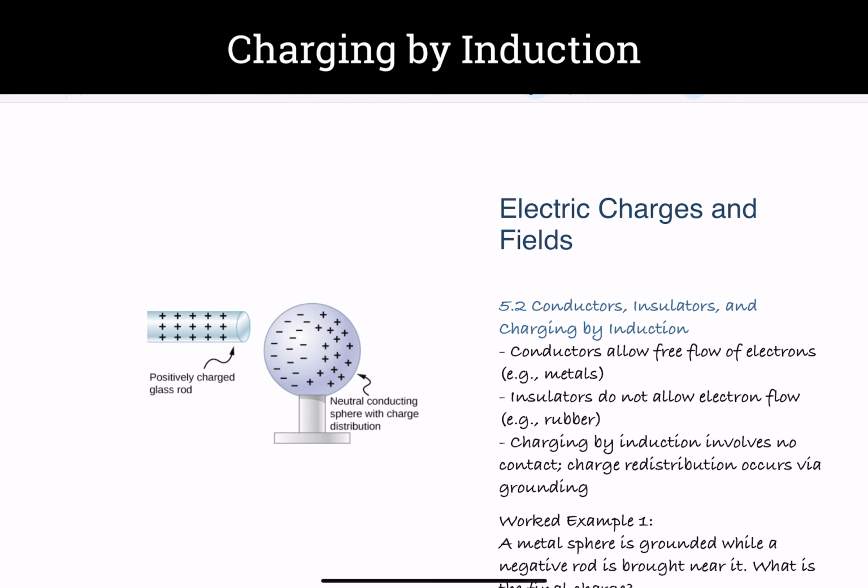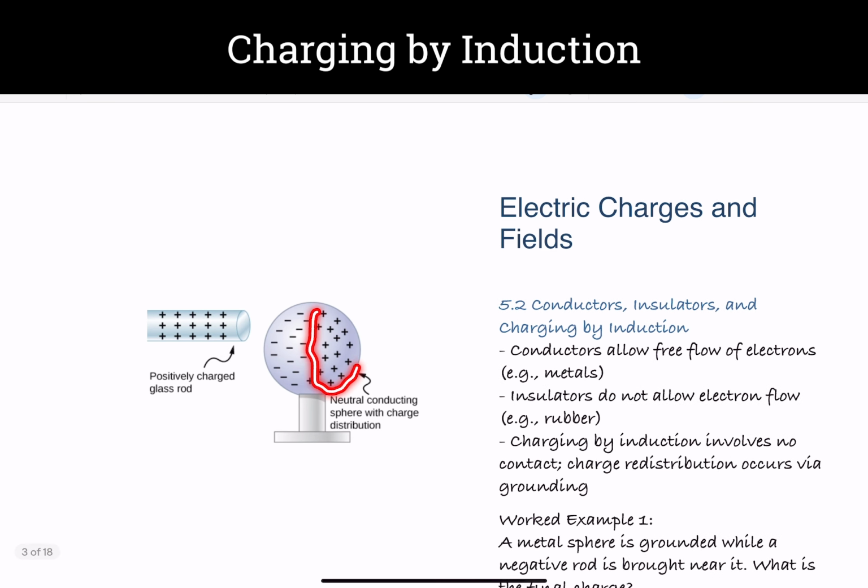And you bring a positively charged glass rod near the sphere. Now, remember, I told you that it's only electrons that move. So what actually is happening is that the free electrons are moving forward. And that makes it appear as if this end is positively charged.